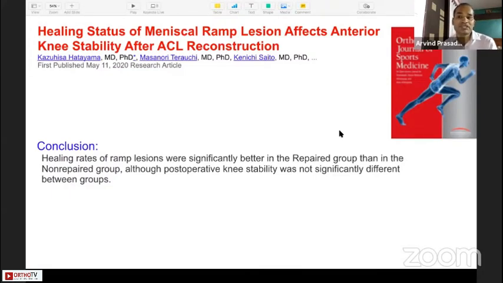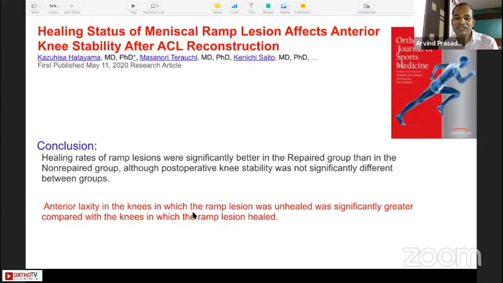Such a finding should be decided arthroscopically, particularly with extension. When the flap gets closed, such a lesion has potential for healing. If even with extension this flap doesn't close, then the chances of healing of such a ramp lesion are less.